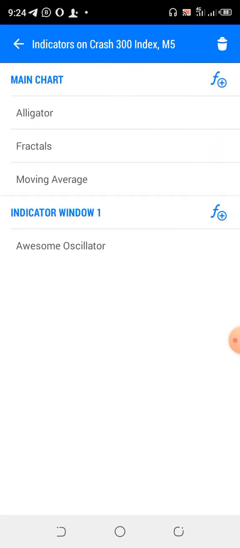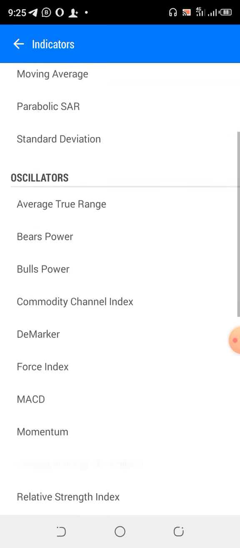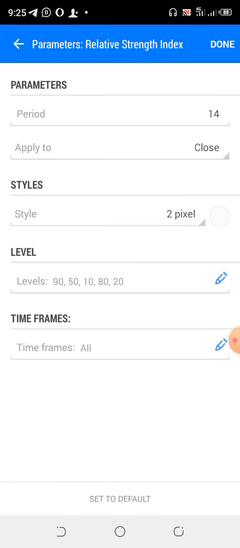Now let me go back again to add another thing which I'm going to use as my indicator window 2. I'll go to the F plus, then indicator, and I'm looking for RSI, the relative strength index.